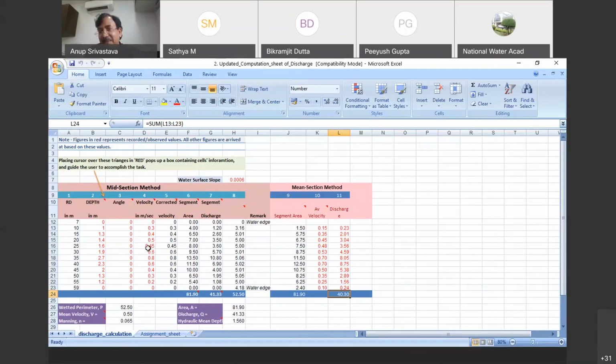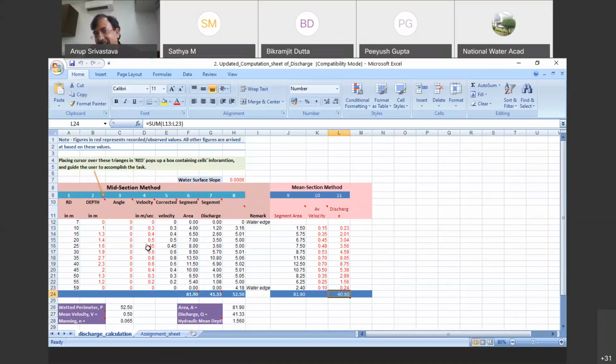So let me give you the simplest example: today's water level at a river section is 10 meter, and your team came out with a measurement of 100 meter cube per second.